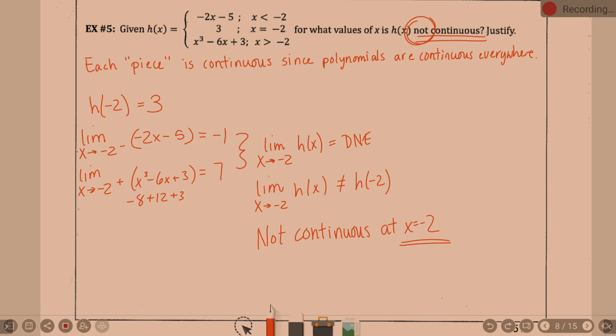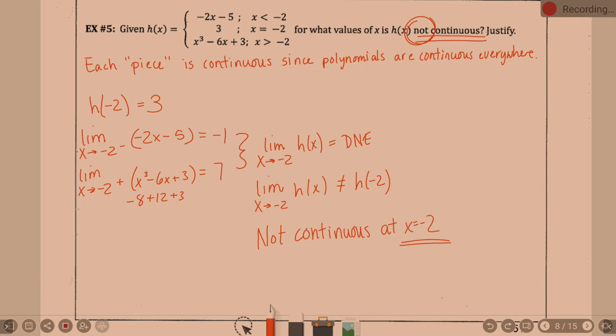If we had said the limit from the left does not equal the limit from the right, officially you should then draw a statement that states they're not equal to each other. Which we did right above with the limit. I said the limit does not exist, and then you said the limit does not equal the point, right? Okay.